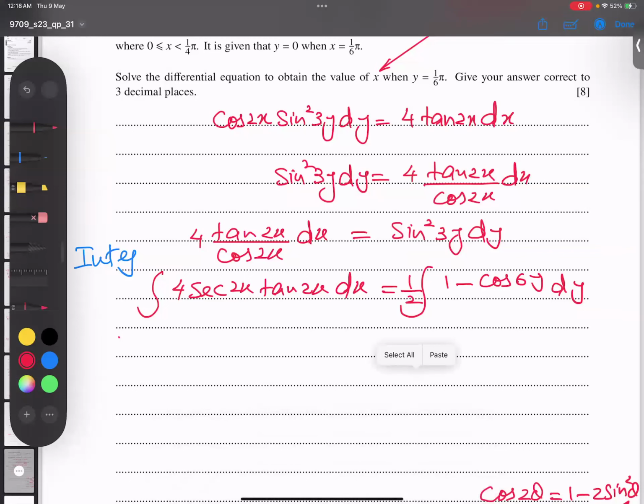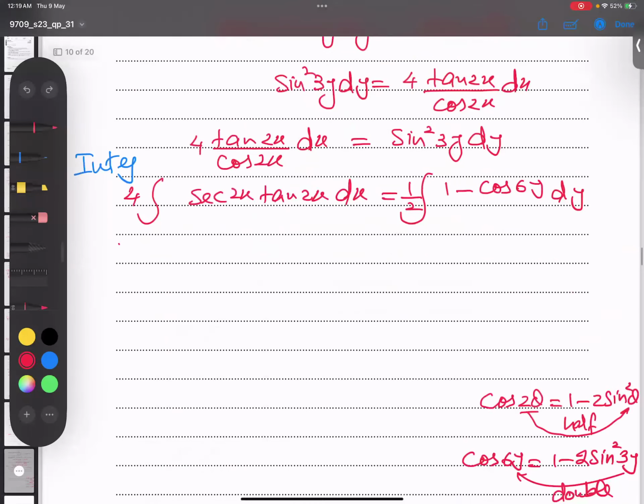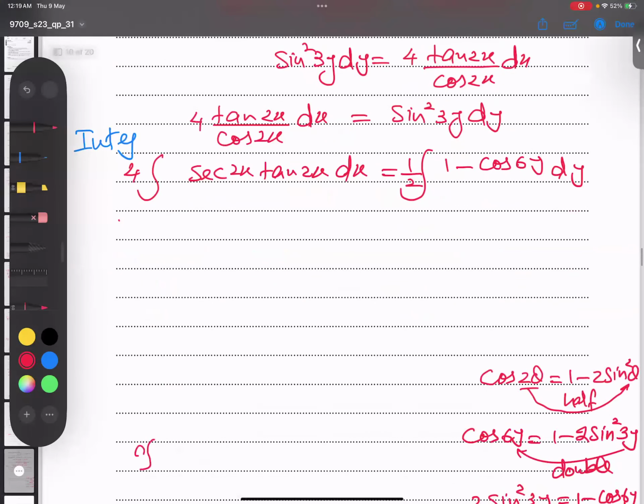It means this, you see, that is just what I said before, and this half I write outside, so no problem at all. So what is this integration now? It's very clear. I show you once again that differentiation of secant double x is secant double x tan double x into 2.